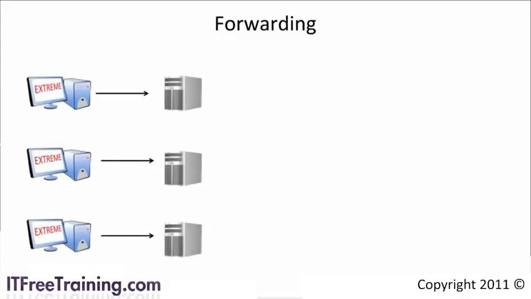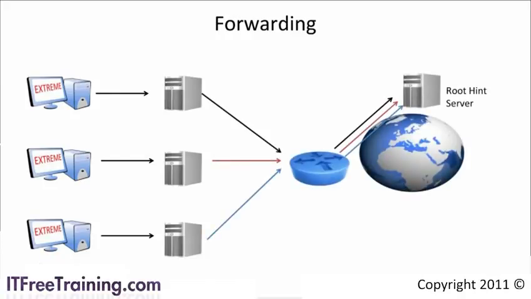Consider this example. Imagine there are 3 different networks. A client in each of the 3 networks attempts to resolve the same domain name. The DNS server in each network contacts the root hints server. The root hint server returns the address of a .com server to each of the DNS servers. The DNS servers then contact the .com server.